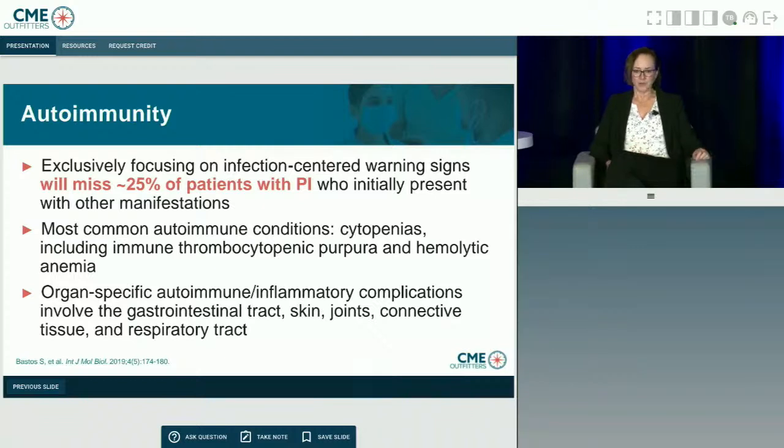The most common autoimmune conditions that we're seeing in initial presentation are cytopenias, specifically ITP, but also hemolytic anemias or even the collection, which we call Evans syndrome. So if you have these young children in your practice and you have not screened them for a primary immunodeficiency disease, you're going to miss them.